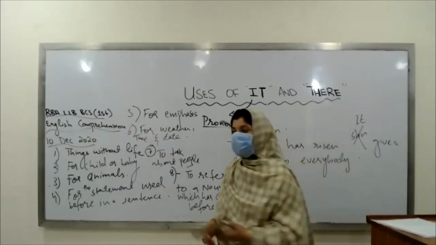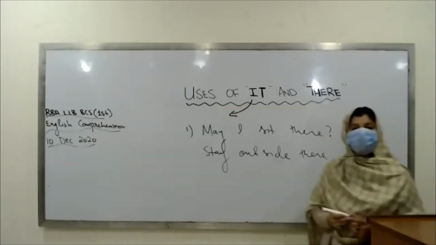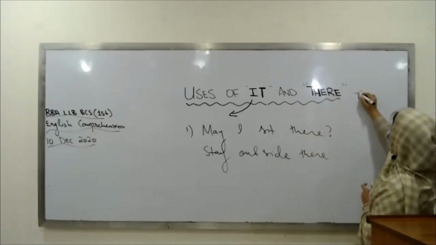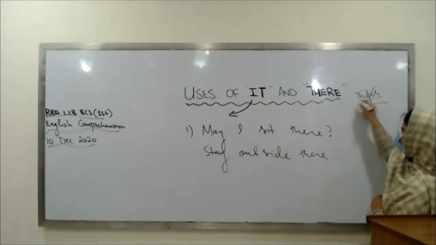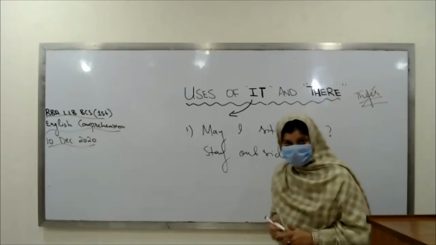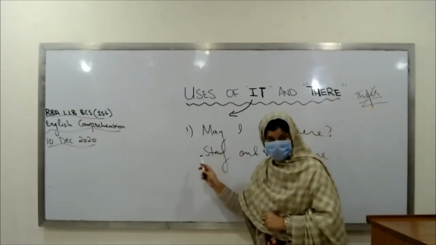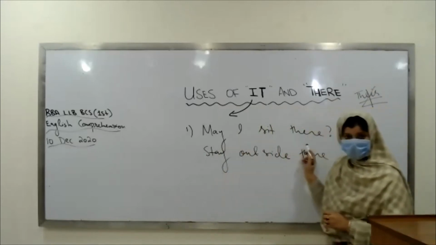Now we are going to talk about the uses of there. Use of there, you can see the example, and it's not there with this plural. It is THERE, which is used for different purposes we are talking about, right? So according to first use, if you see these examples, may I sit there?